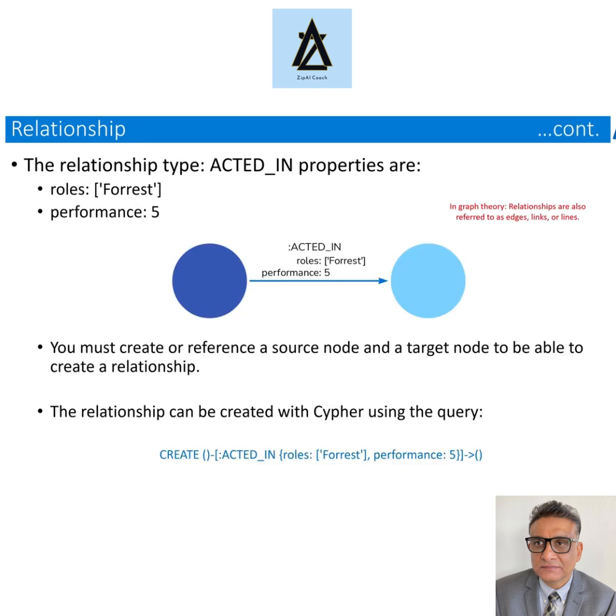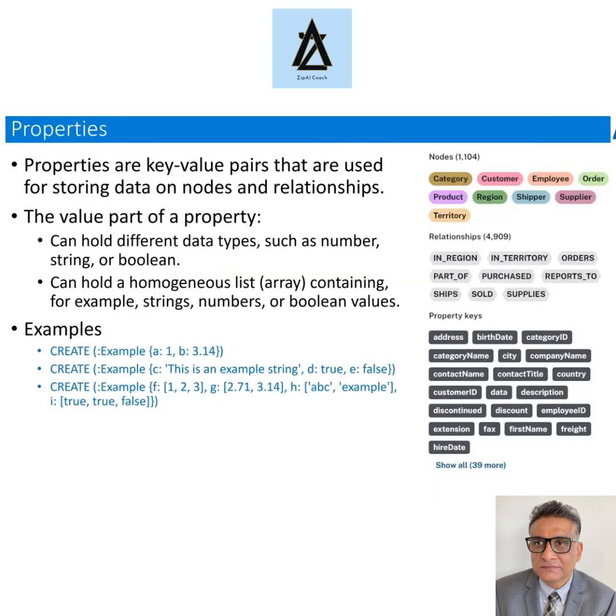So as you've seen, we had an actor in a movie. Actor acted in a movie. The relationship is acted in. Very simple. And you can look at the syntax. I don't want to take it to a technical level, but that's how it works.